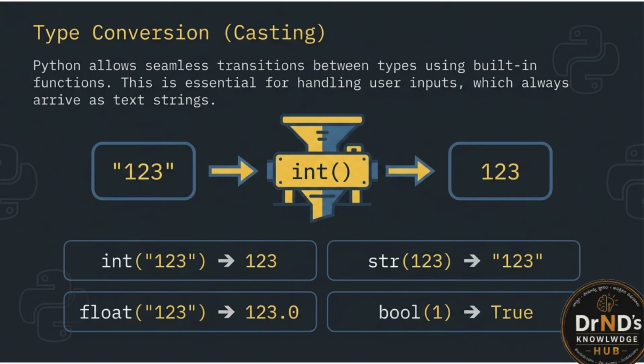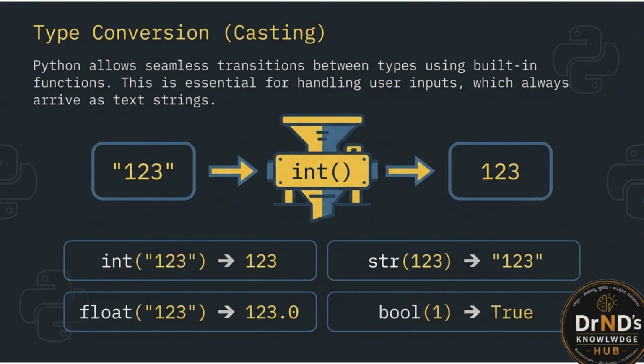To solve this problem, we convert the string into an integer. age = int(age). Now, Python can perform mathematical calculations successfully.